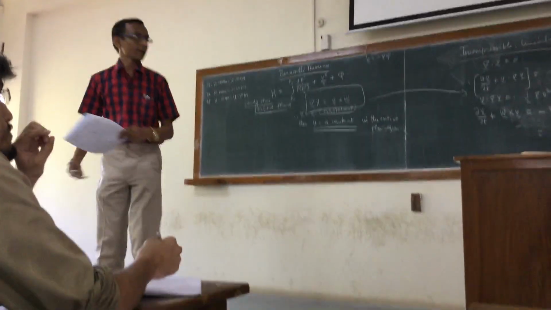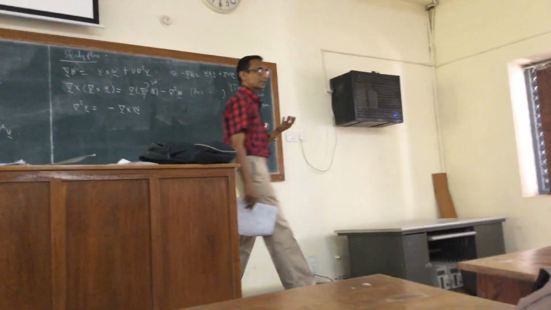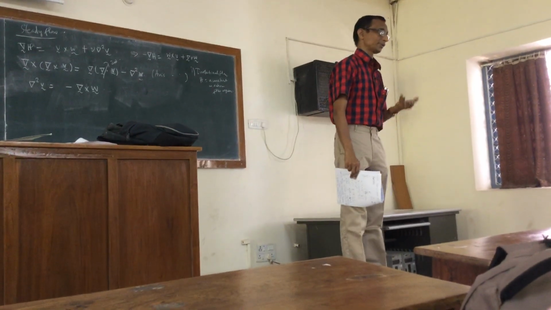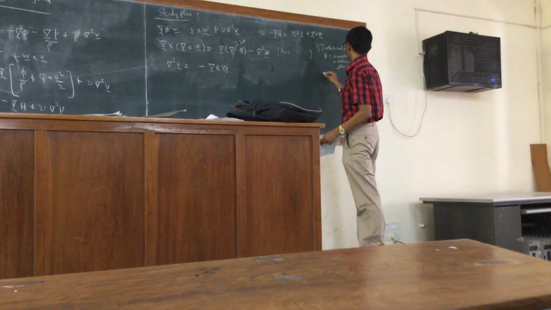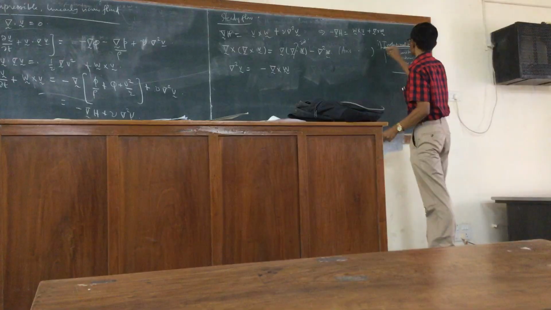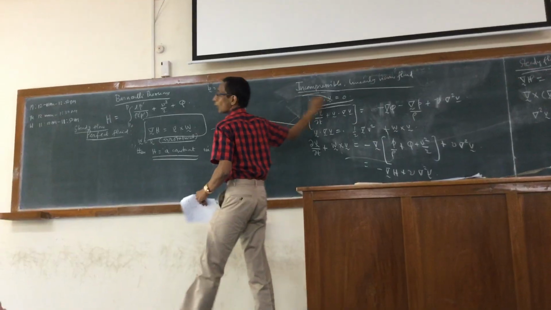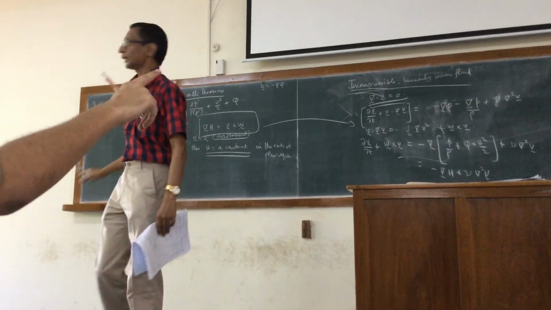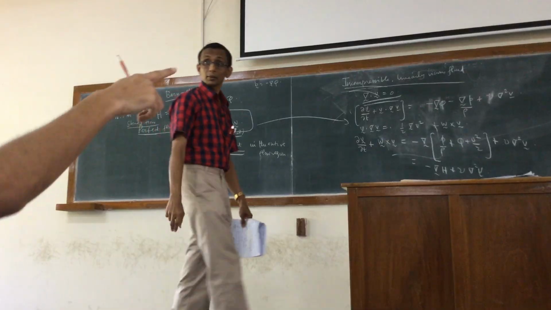So again, I recover this very strong result. For the steady irrotational flow of an incompressible linearly viscous fluid, again I get that h is a constant in the entire region. The irrotational, steady, and incompressible, all those conditions. Whereas here I don't have to impose a condition that it is incompressible.